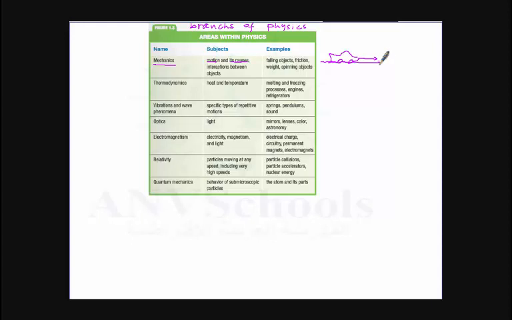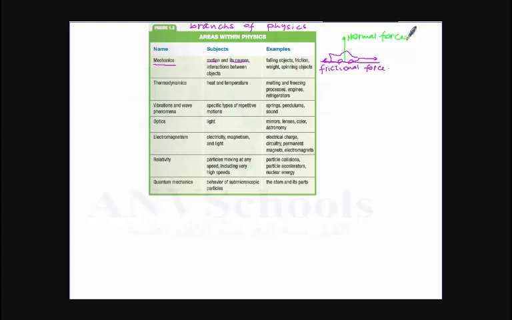Or what are the forces interacting between the car and the surface? For example, you may have a force called frictional force. A frictional force is a force between the tires of the car and the surface. And the other type of force is a normal force. So all this motion and its cause is studied by a branch of physics called mechanics.